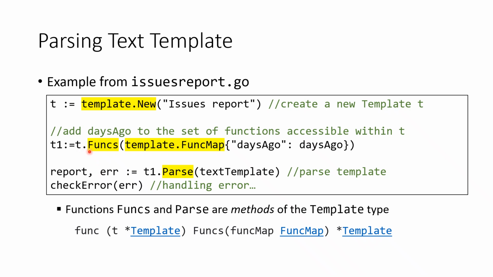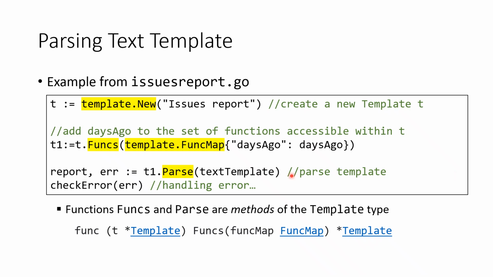Function Funcs takes a funcMap as argument, and adds the elements of the argument map to the template's function map. In the case of the GitHub issue tracker program, the funcMap argument passed to the t.Funcs function is the map that maps the string daysAgo to the function daysAgo.